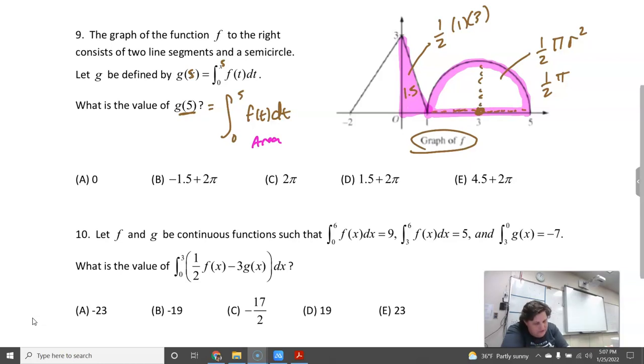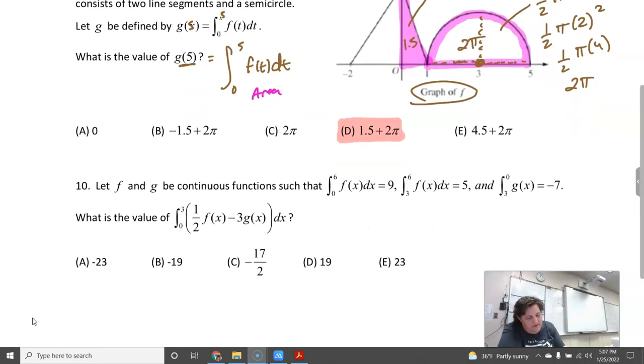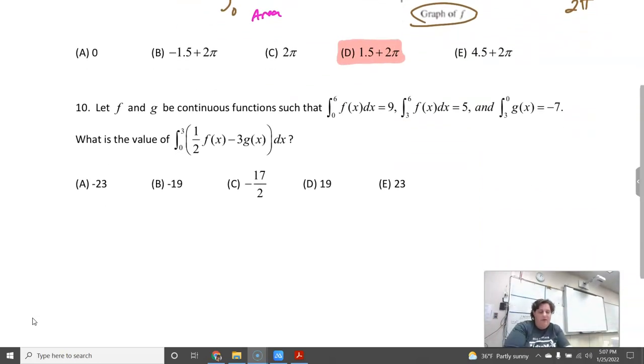So can you guys see that the radius is 2? So it's 1/2 pi times 4, which is 2 pi. So this is 2 pi. Okay? And then all I got to do is just add those together. So it's 1.5 plus 2 pi. Here we go. Everything's above the axis, so it's all positive.